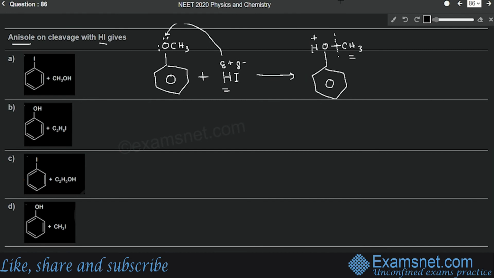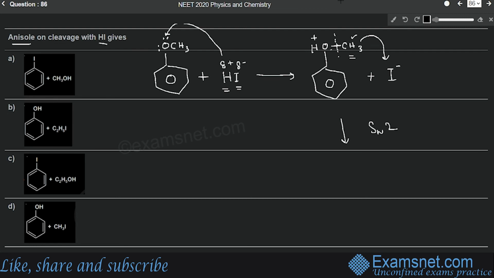That means this bond will be cleaved, so that the electrons involved in this bond will move to oxygen and neutralize the charge. Where will this methyl group go? From hydrogen iodide, hydrogen has moved to anisole, so iodide is already left here. So the methyl group will move to this iodide. And this will follow the SN2 mechanism.